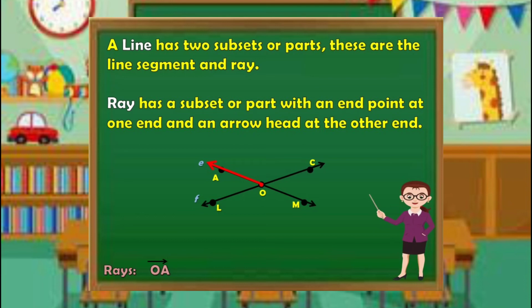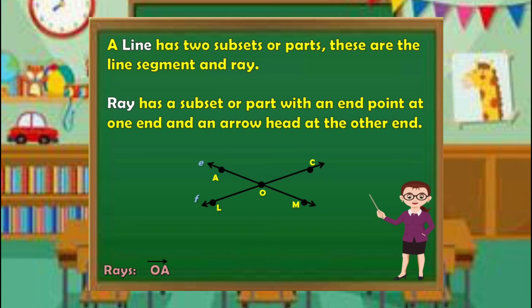Put a ray symbol above its letters. In a line and in a line segment, the letters can be reversed. In a ray, it is necessary to say or write the endpoint before the point at the arrowhead, so it cannot be reversed.